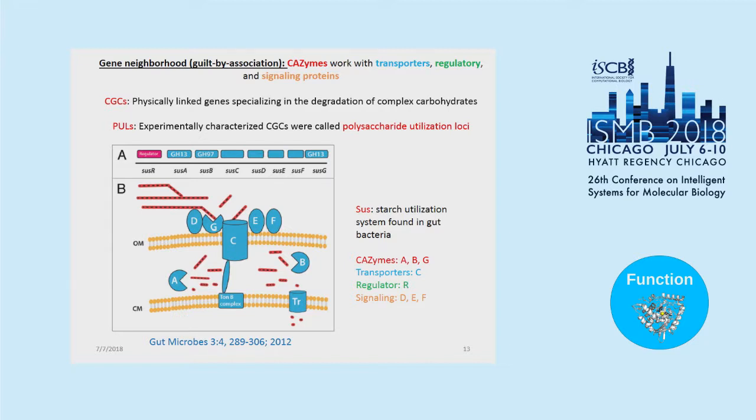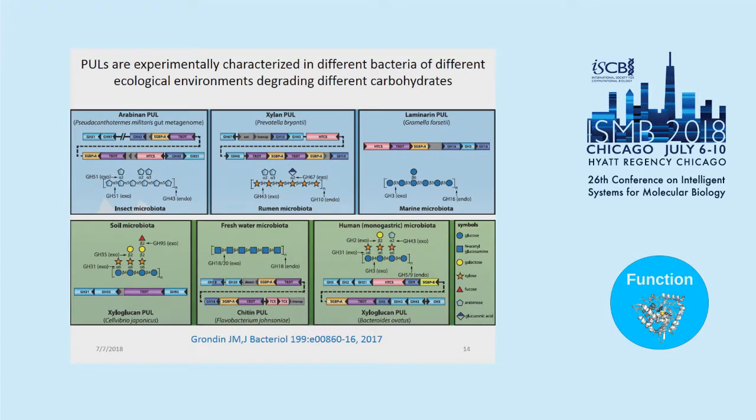There you have two other glycoside hydrolases, A and B, which further cut those oligomers into monomers. So now you have monosaccharides, which are transported into the cell with other transporters. So this becomes a general mechanism for bacteria to degrade all kinds of complex carbohydrates.